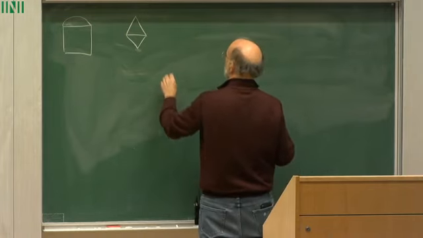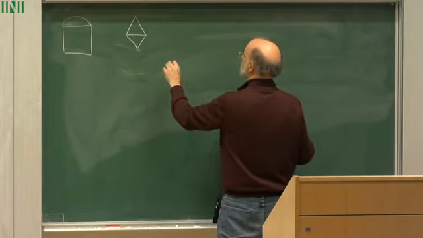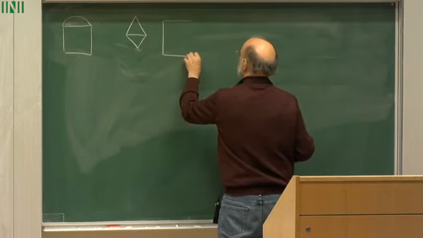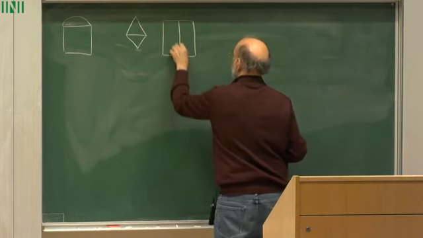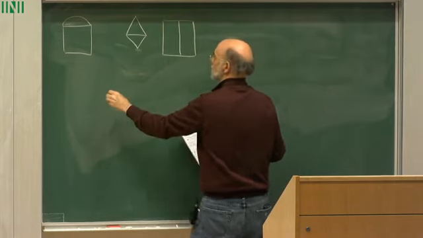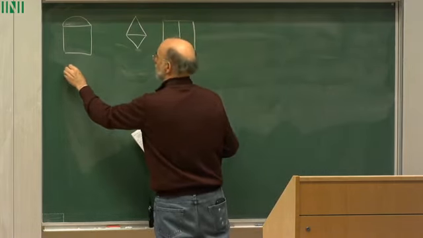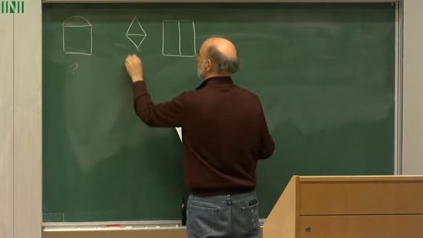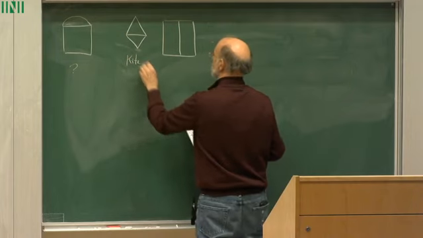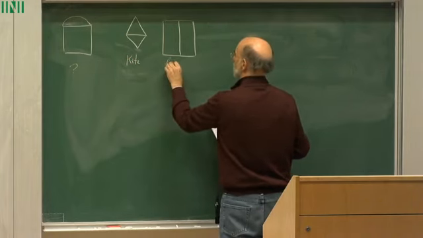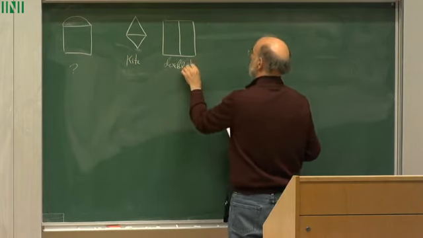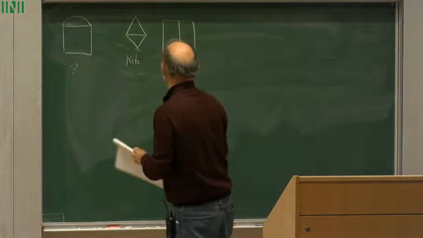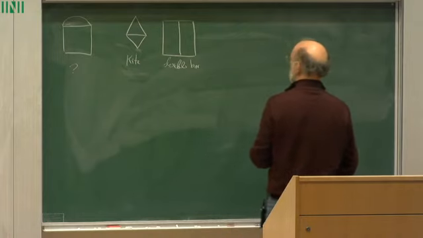And then the next one I hope I have some time to say something about, this I don't know what to call. This one is the kite. This one is the so-called double box. These are all prominent graphs in the physics world.